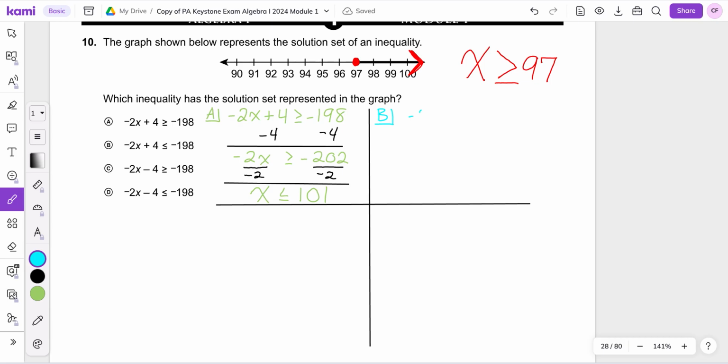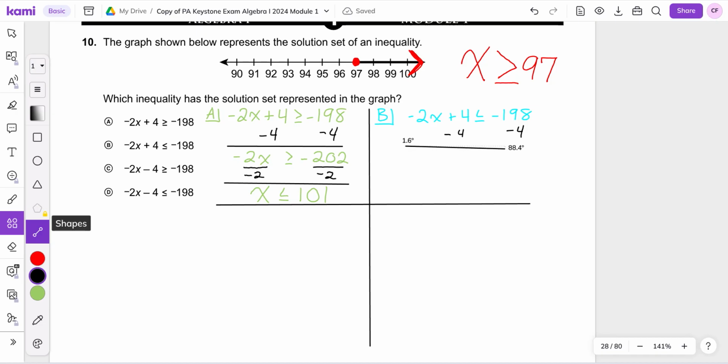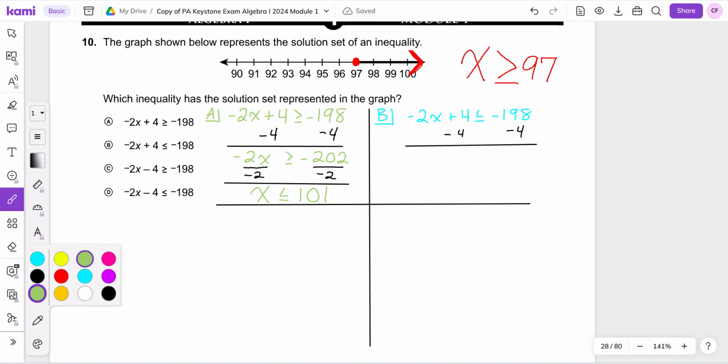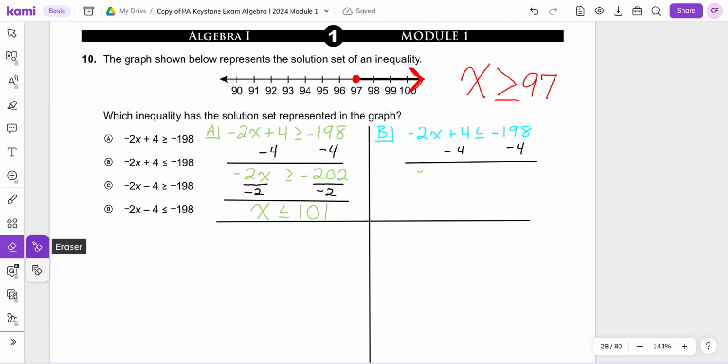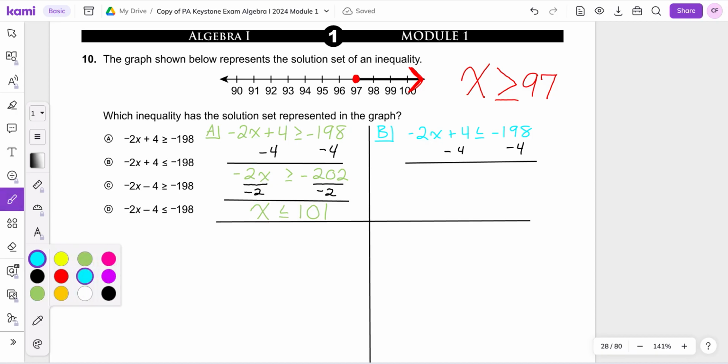Part B is the exact same problem as part A, with the exception of the inequality sign. So we know the numbers don't match, but just to prove it, we can subtract 4 to both sides like we did in part A. We get that negative 2x is less than or equal to negative 202.